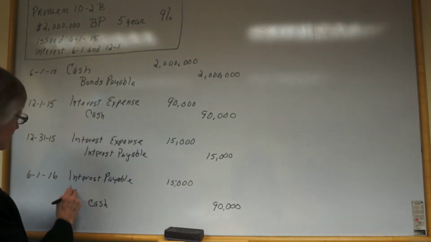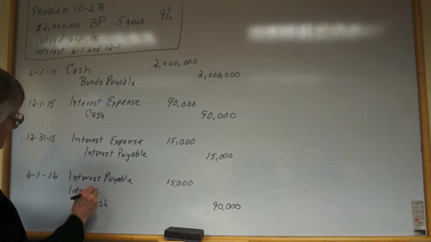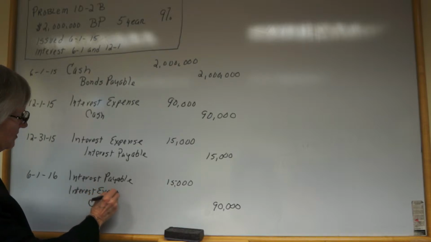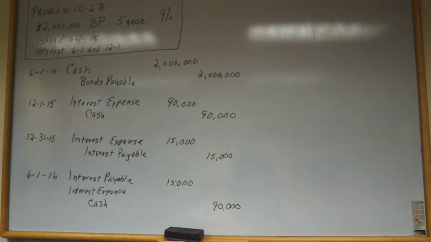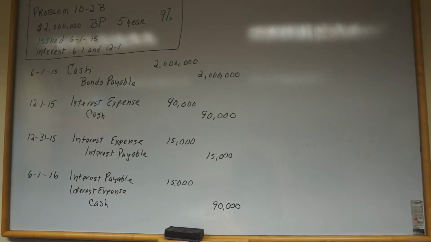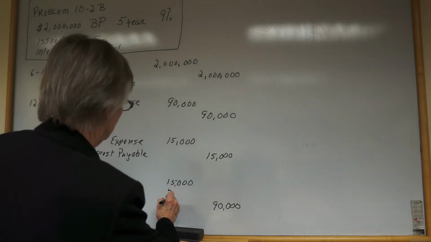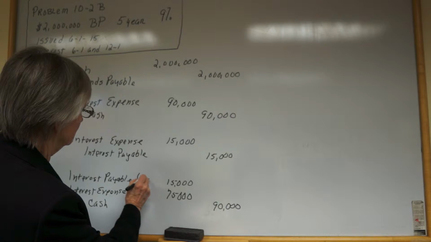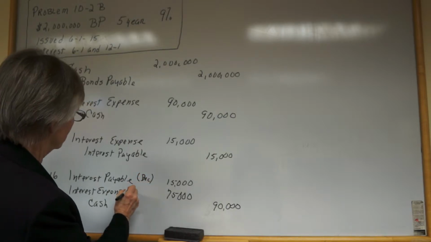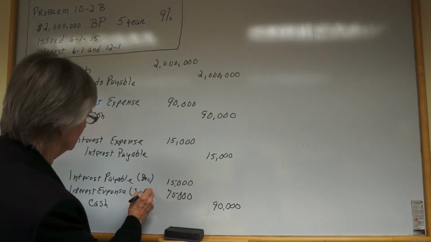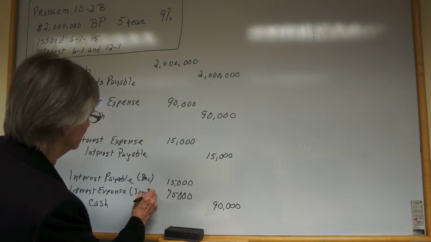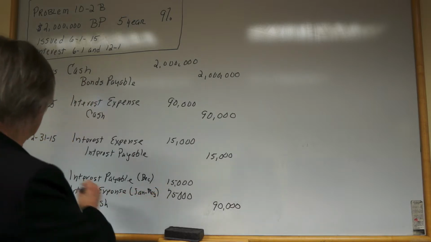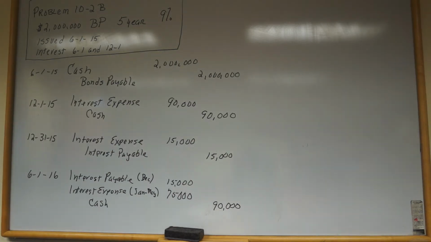And then we would have the interest expense for the rest of it. Okay, so the interest expense would be 75,000. And if you think about it, this is for December, and then this would be January through May 30th, okay? Because we're paying it on June 1st. Okay, so I just think that's a little bit complicated.